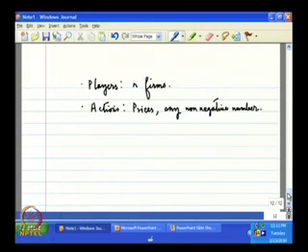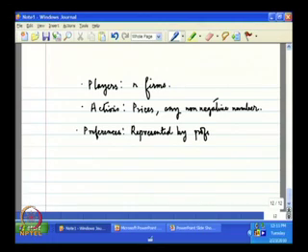It can be 0 also hypothetically, and finally preferences. So, preferences are represented by profit, and how do I represent that profit?